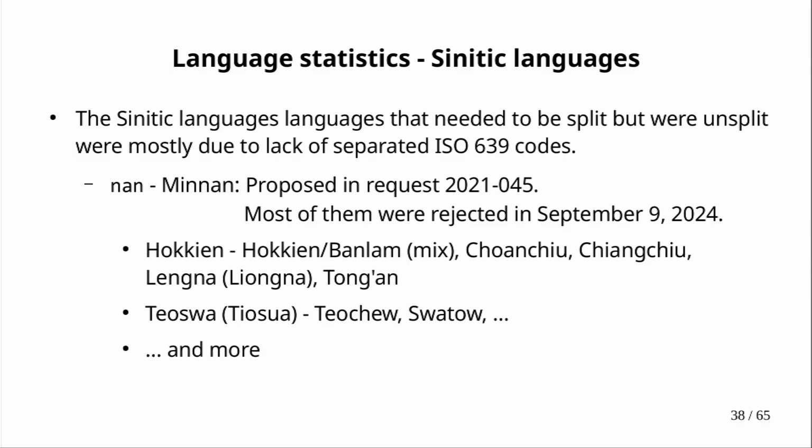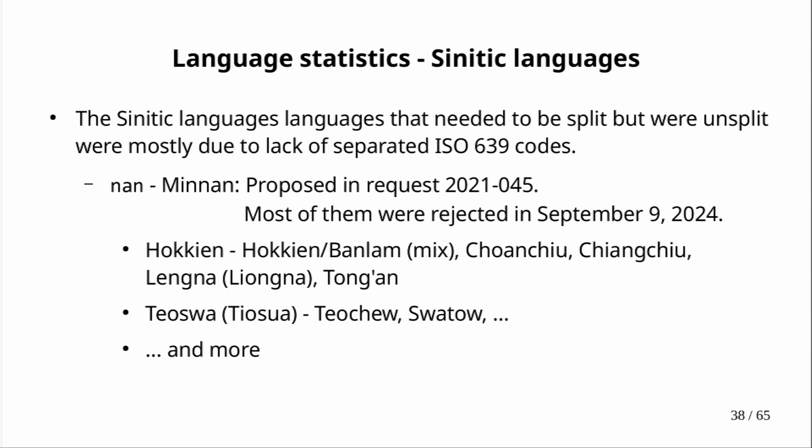However, there are some cases that we want to split, but they cannot be handled because they don't have a separate ISO 639 language code. For example, Minnan. Minnan is several languages grouped together, but they only registered a single NAN subtag. The split was proposed in request 2021-045, but most of it was rejected in 2024, after 3 years, quite a long time.